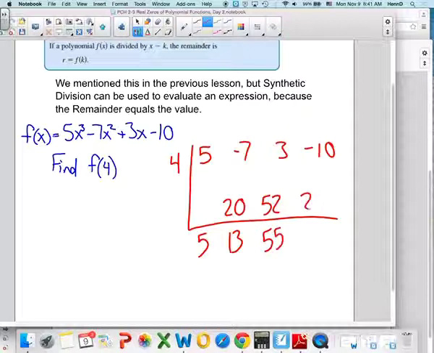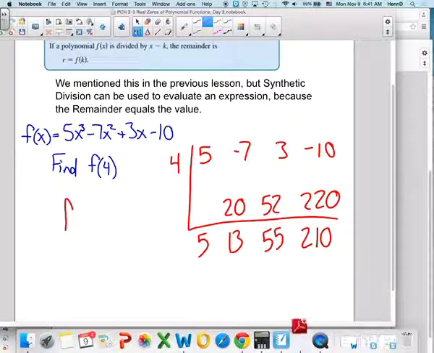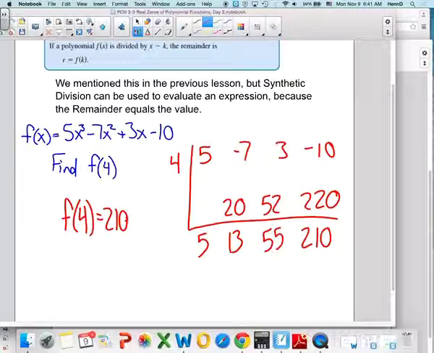Multiply over, we get 220. Then we add down and we get 210. Alright? So here's a question. Is x minus 4 a factor of the original function? No, because we didn't get 0 at the end, right? But what does f of 4 equal? 210. That's right. F of 4 equals 210. Okay. Because that's the remainder.